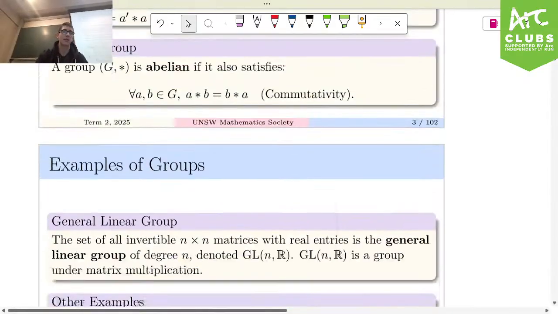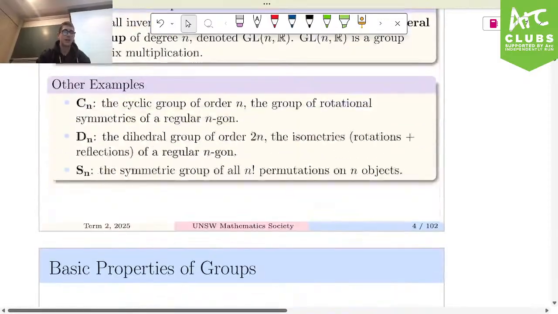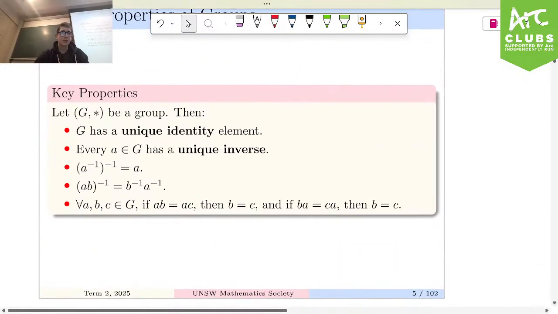We need exactly one, such that if we multiply it on each side, we get back our identity. Next is that the inverse of the inverse is just the element itself. This mirrors the idea that with the operation we have closure, so we're staying within the set. Here, when we take the inverse, we get back our original.